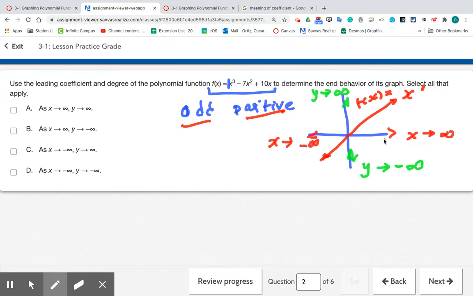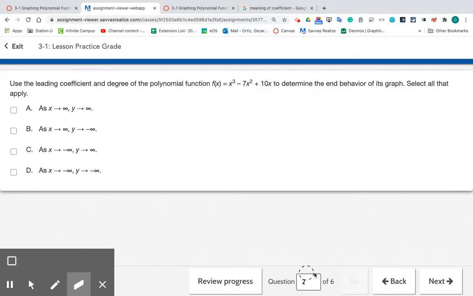And on the x-axis, positive infinity will be to the right, negative infinity to the left. So there are two things that are true right here. This is one right here, and there is the other one right here. So we'll have to choose those two and move on. I will not do it here, but I will instead move on to the next question.